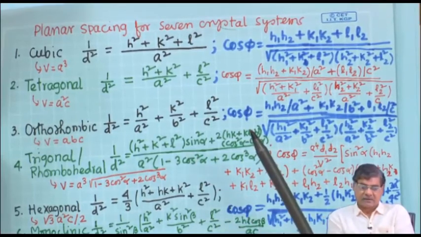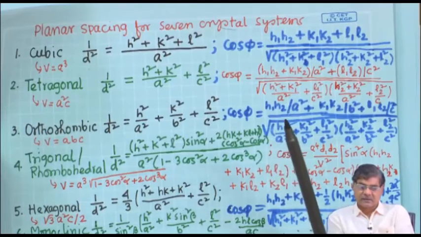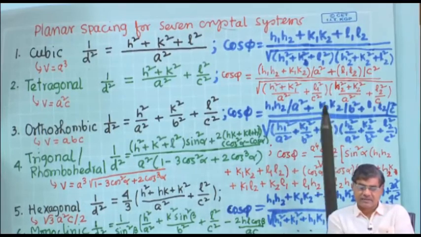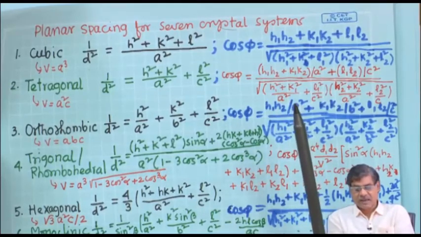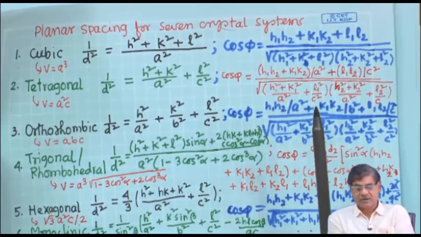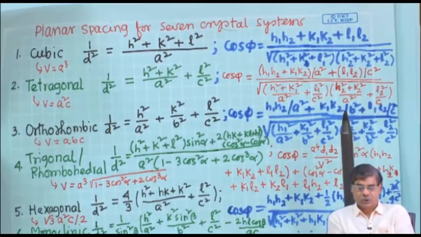Then from there you are indexing h k l, and for that you take help of S equal to h square plus k square plus l square.